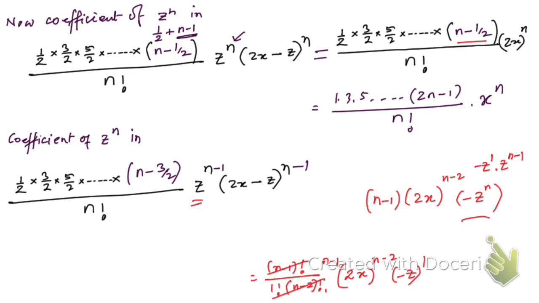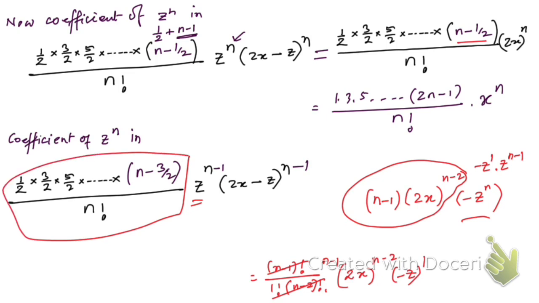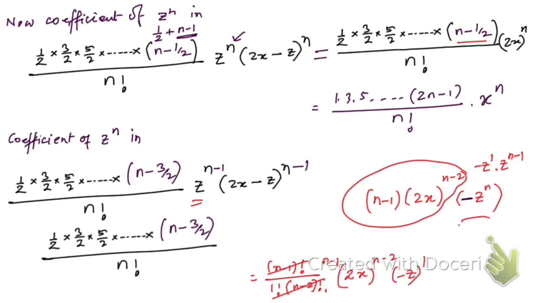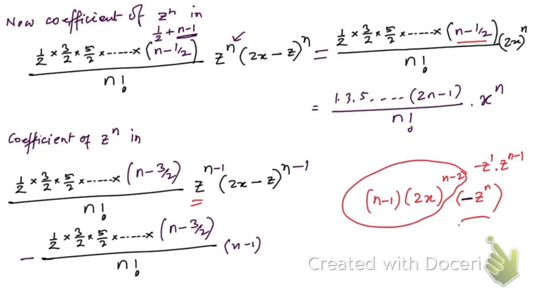So now we're going to take the coefficient of this term, so we take this part as a coefficient along with this part. Here we're going to have a negative sign, so the coefficient will be of this form: negative, then into this part, n minus 1 into twice x whole to the power n minus 2.